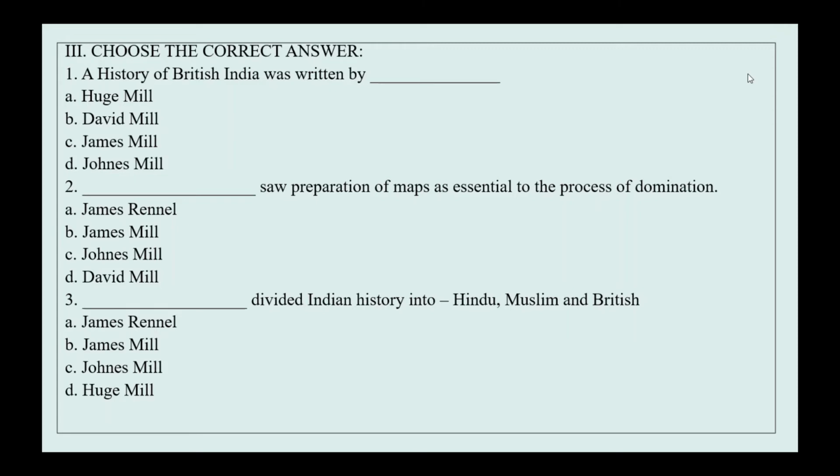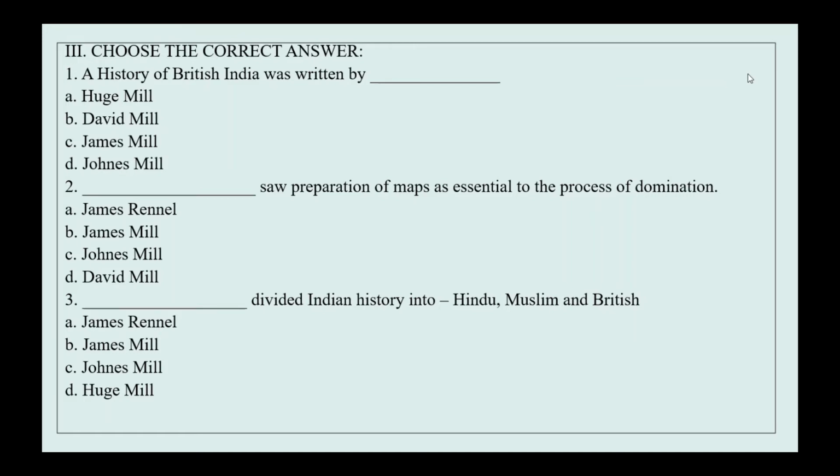Okay. Fine. Next, third question. Dash divided Indian history into Hindu, Muslim and British. Who divided Indian history into Hindu, Muslim and British? Option A, James Rennell. Option B, James Mill. Option C, Jones Mill. And option D, Hugh Mill. The right answer is option B, James Mill.